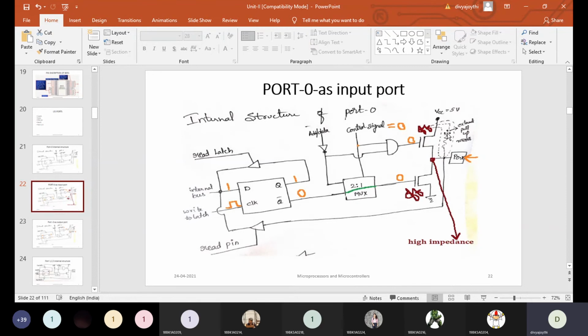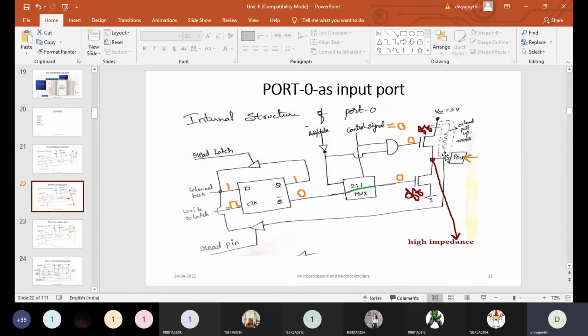It has been connected externally. Whenever this pull-up resistor is connected between this particular point and the 5 volts, we are not sure whether it is 5 volts or 0, so this pull-up resistor will pull up the high impedance state to VCC.